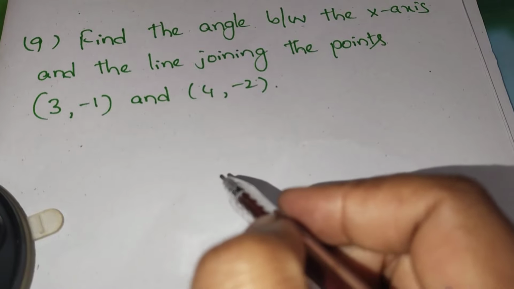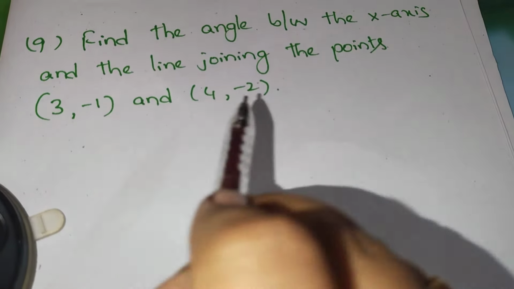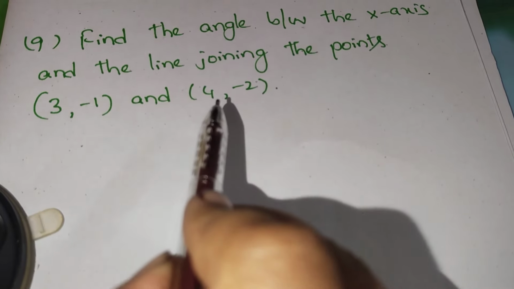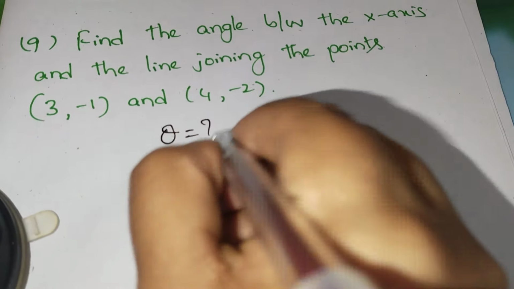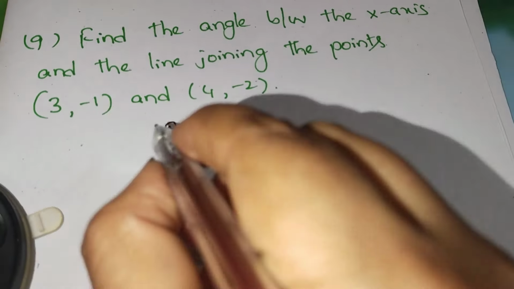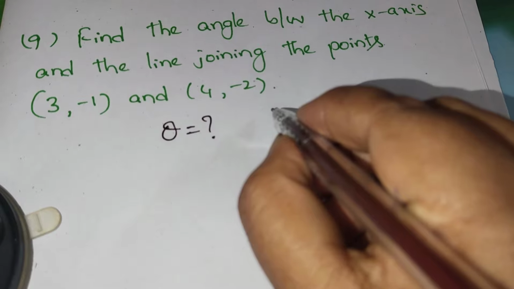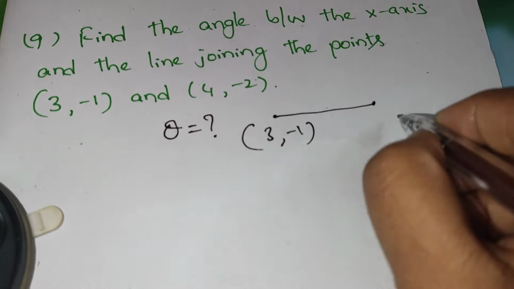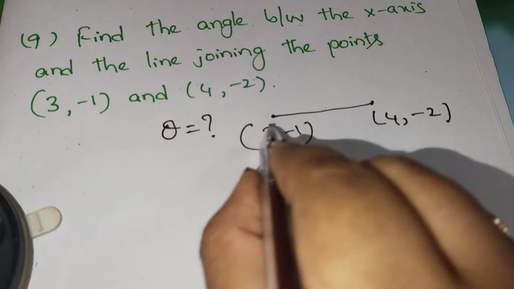Next important question, that is question number 9. Find the angle between the x-axis and the line joining the points (3, -1) and (4, -2). So we need to find the angle, that means the inclination. We need to find theta, this theta between the x-axis and the line joining these points. The points are (3, -1), one point, and one more point is (4, -2). So what is the slope of these points?